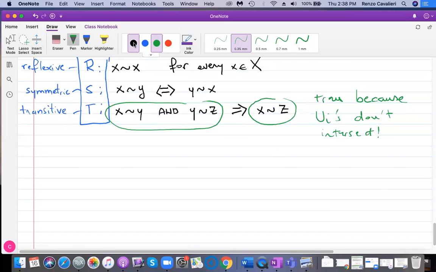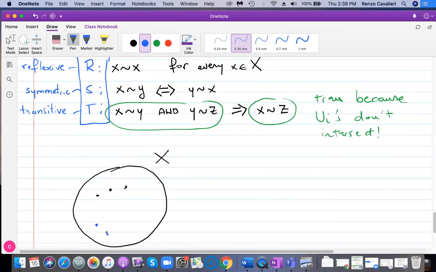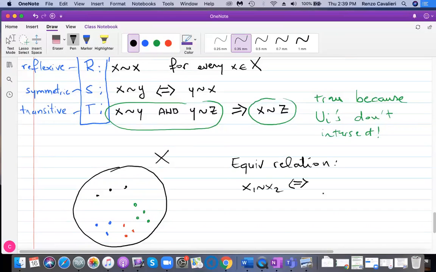So let me now draw another set X and draw some elements of X at random. And I've drawn the elements of X with different colors, and then I give an equivalence relation that says X1 is equivalent to X2 if and only if they have the same color.